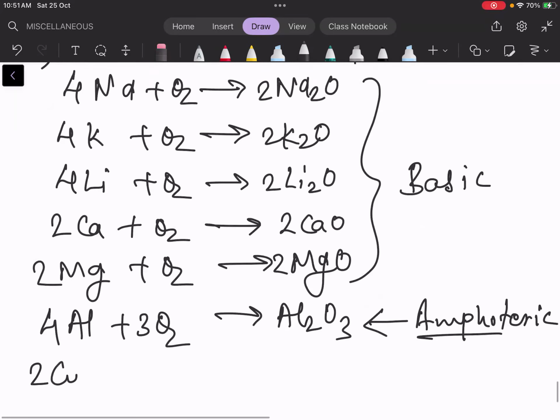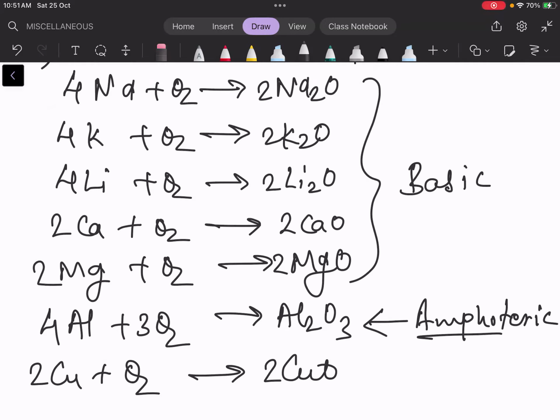So, 2Cu plus O2 gives 2CuO, copper oxide. Then, already I told you, aluminium oxide is amphoteric in nature.